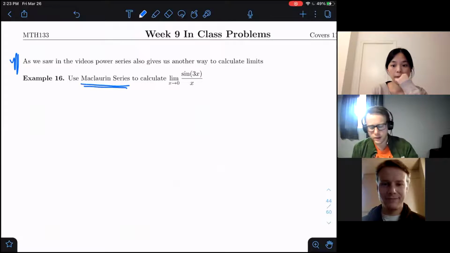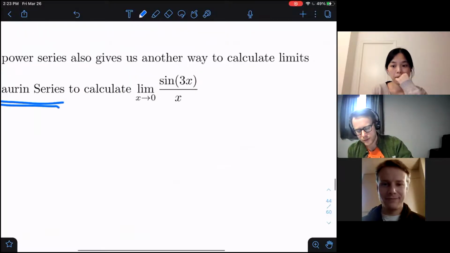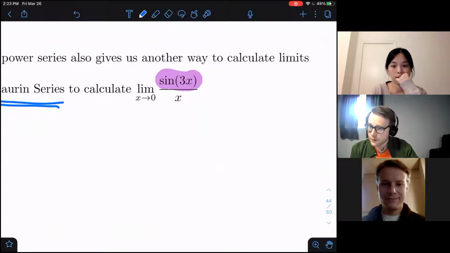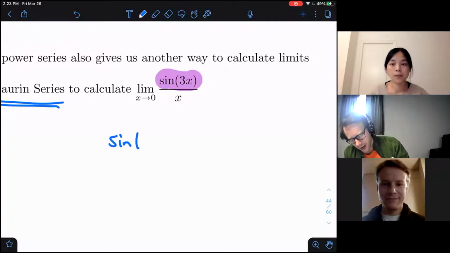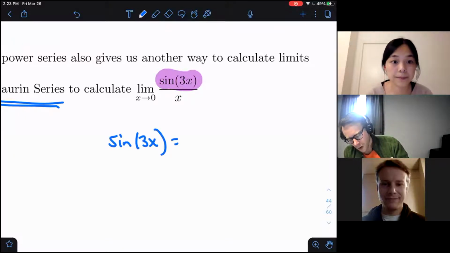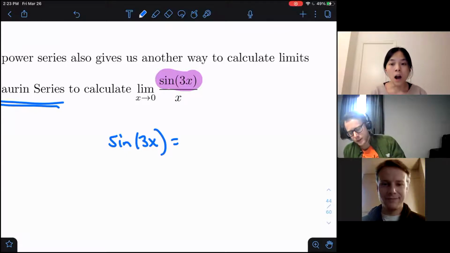With the Maclaurin series, you always take the piece that we know how to evaluate from the table there. So here we have sine of 3x. If I wanted to evaluate sine of 3x with our Maclaurin series, this is going to be summing up from n equals 0 and beyond.